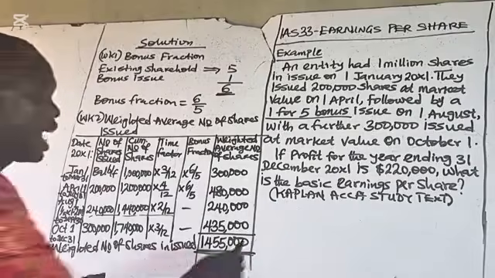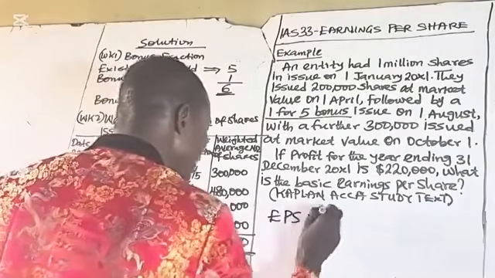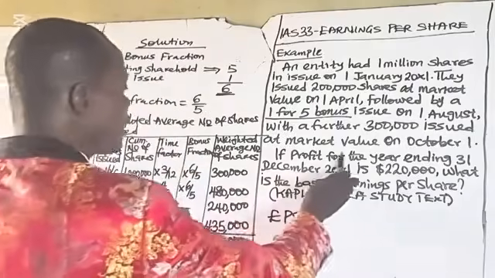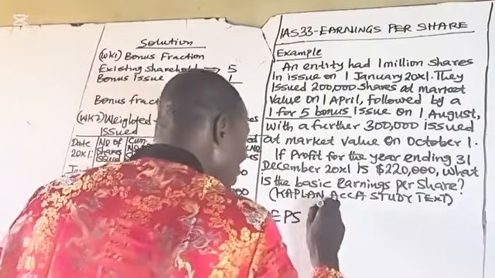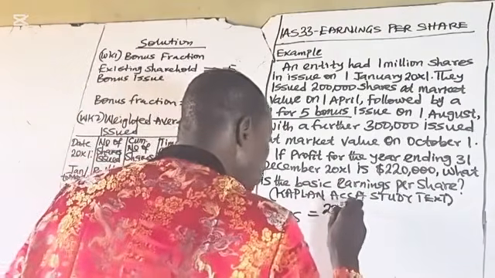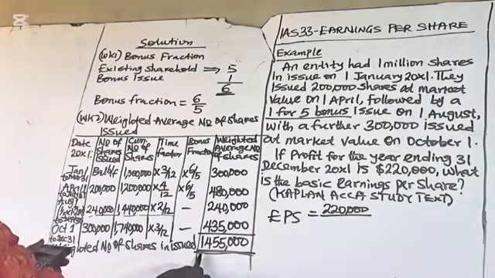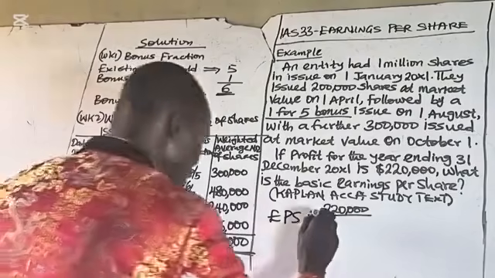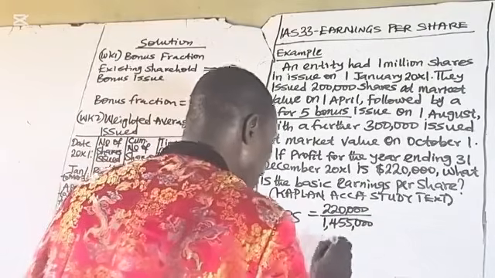So to calculate the earnings per share, EPS, we say it is equal to earnings, which is profit. You were told the profit for the year ending 31st December 2021 is 220,000, over the weighted number of shares, which is 1,455,000 shares.